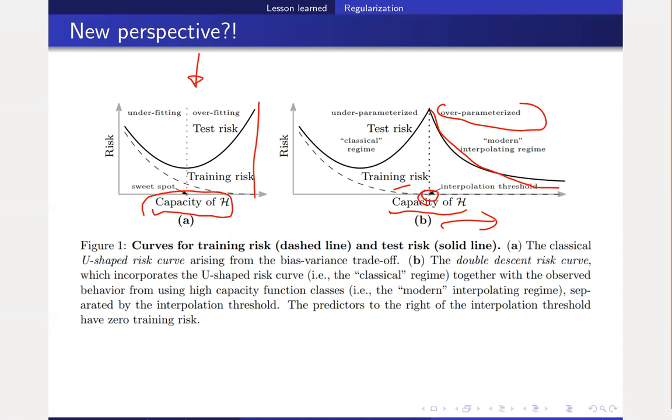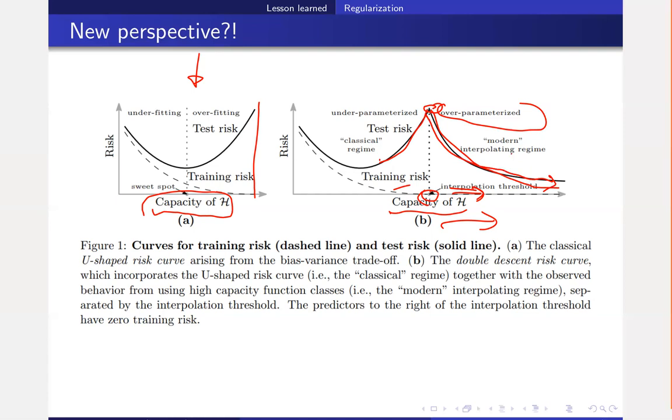At that point you're supposed to overfit: when your number of parameters is more than the number of data points, of course you will overfit the data. But what they observe from the experiment is that you peak somewhere here, and then if you continue to increase the number of parameters, the testing error actually drops.